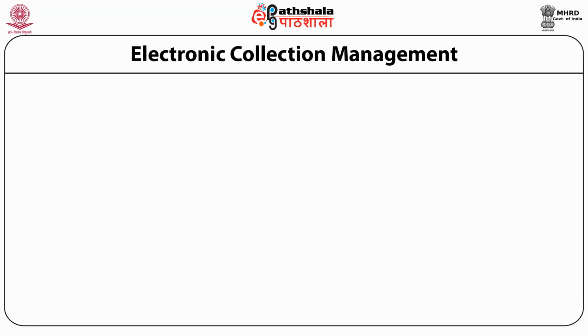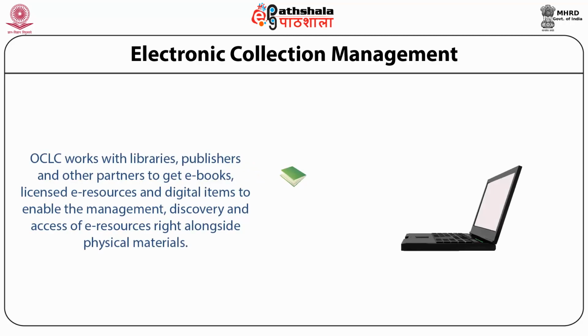Electronic collection management. OCLC is providing very useful tools for electronic collection management. OCLC works with libraries, publishers, and other partners to get ebooks, licensed e-resources, and digital items to enable the management, discovery, and access of e-resources right alongside physical materials.